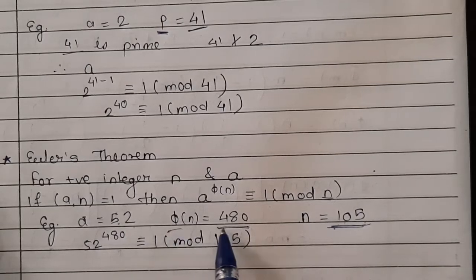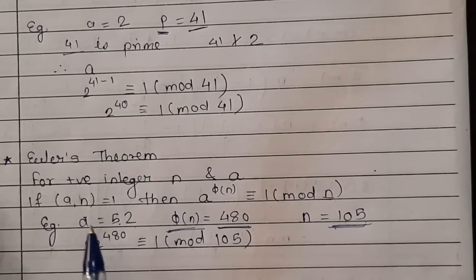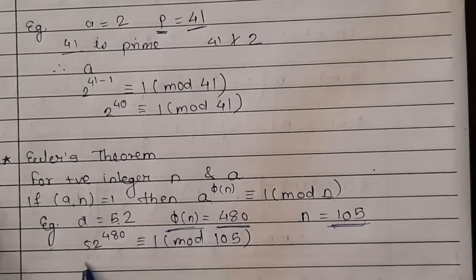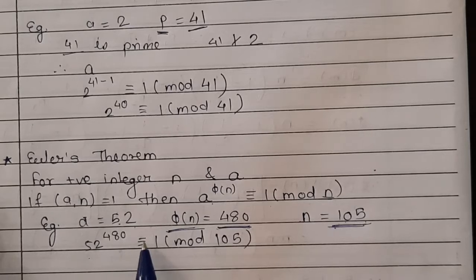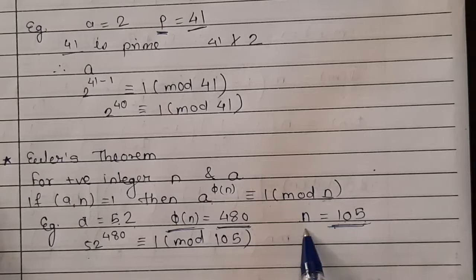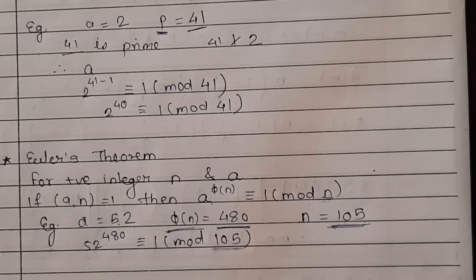So phi n is 480. Phi n means Euler phi function. So how do we write this? 52, that is our a, raised to phi n, which means 480. 52 raised to 480 is congruent to 1 mod n, which is 105. This is how we write Euler's theorem.